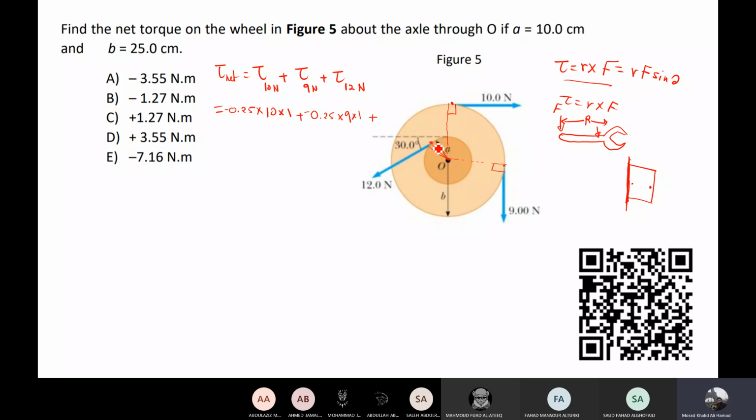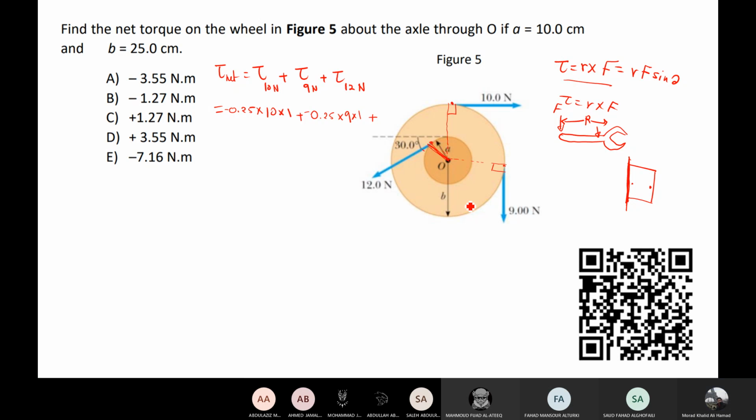And what is the angle between this point to the center? From the center to this point, with respect to the force, it is 90.